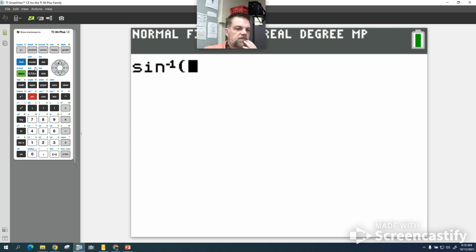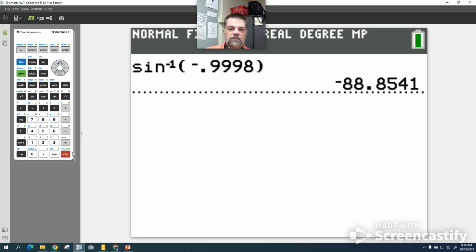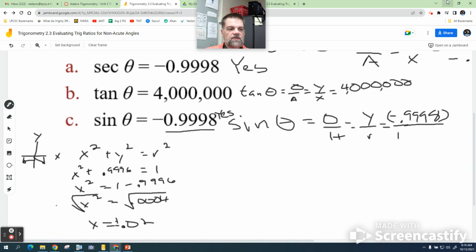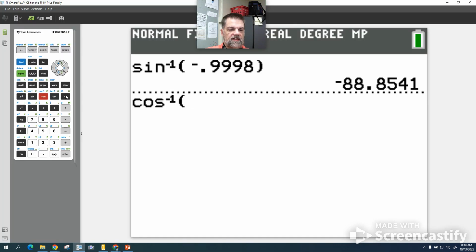Click on that and then put in the negative 0.9998. That's the angle, negative 88.85. If we do cosine, no, wait, what was it again? It wasn't cosine, it was secant, which is the reciprocal of sine, right? So we're going to have to do the reciprocal of this. I don't know, how would you do the arc?